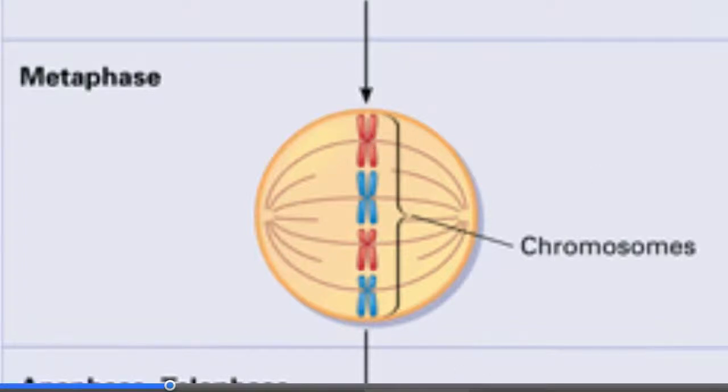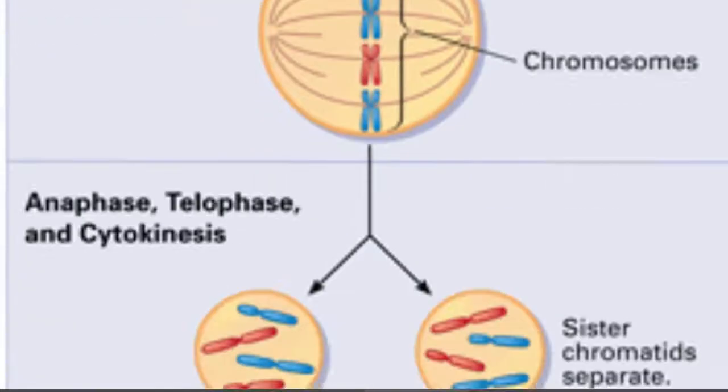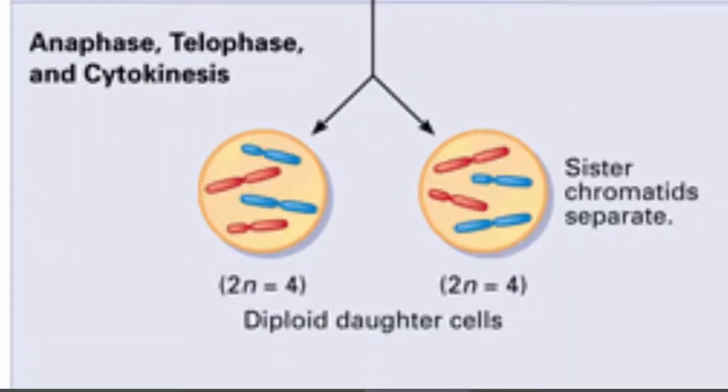Once the chromosomes are pulled apart, the cell divides, and you can see we end up with, how many chromosomes have we got? 4. We've got two big ones and 2 small ones again. It's identical to what we started with. By pulling those copies apart, we end up with 2 exact copies of what we started with.